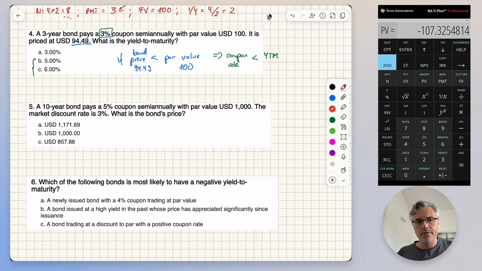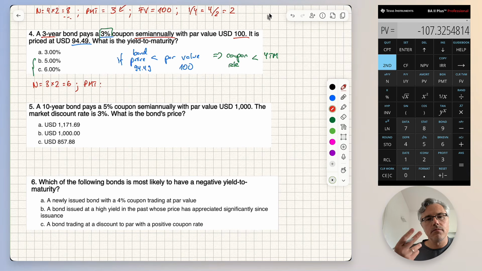Here you do need your calculator. So for N, we're going to take the fact that it's a 3-year bond, but still minding the fact that it pays coupons semi-annually. We're going to do 3 times 2, or 6. That's going to be our N. The PMT, the coupon, is going to be 3% of 100 per annum.